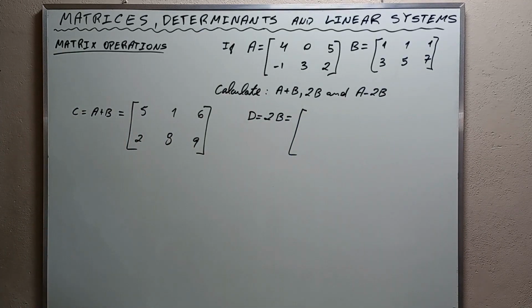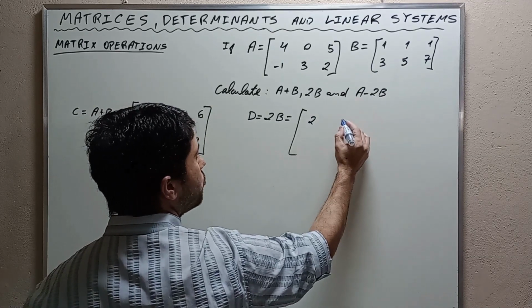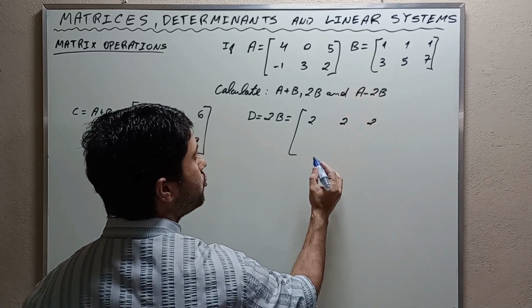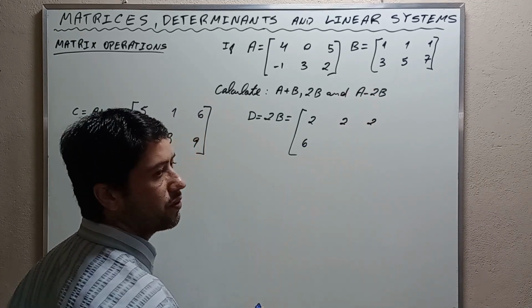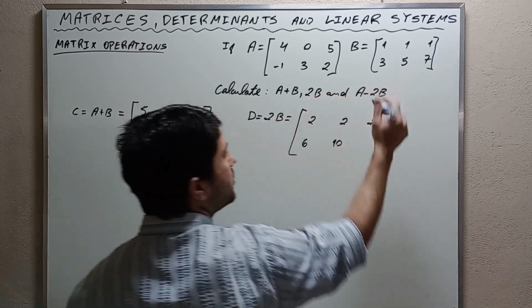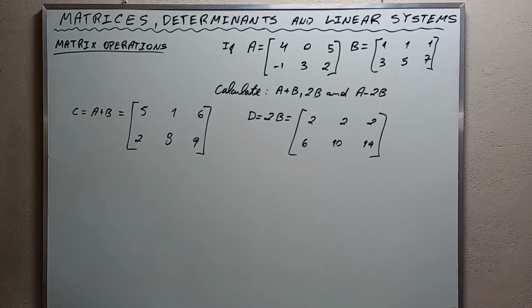We simply multiply every entry, or if you prefer, every element of B by 2. 2 times 1 is 2. 2 times 1 is 2. 2 times 1 is 2. 2 times 3 is 6. 2 times 5 is 10. 2 times 7 is 14. This is how we perform scalar multiplication with matrices.